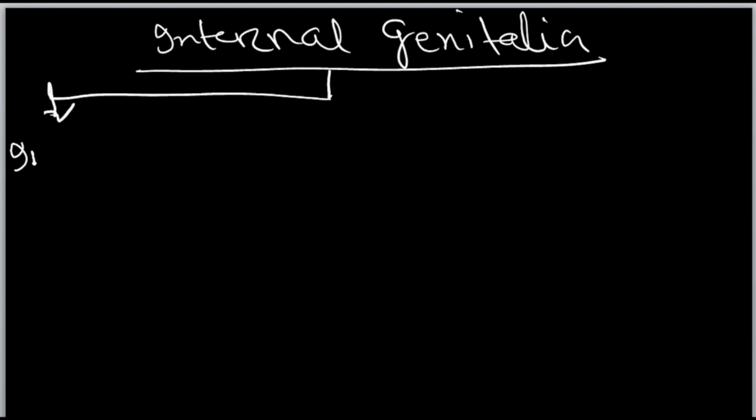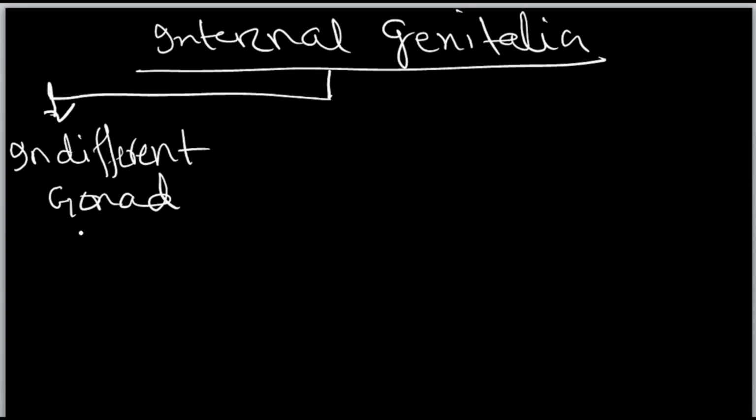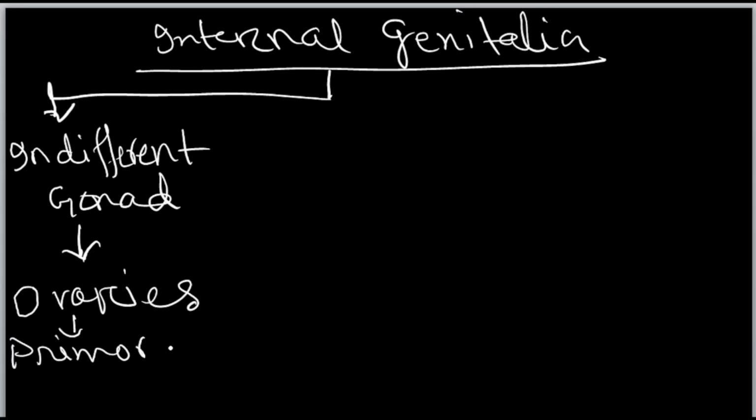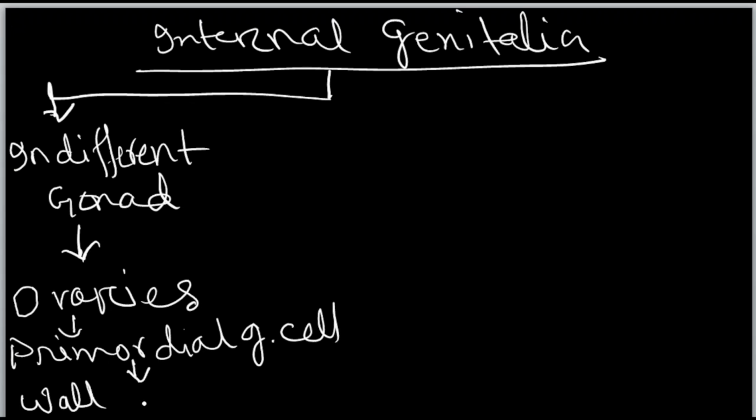First is the indifferent gonad that gives rise to ovaries. Primordial germ cells are derived from the wall of the yolk sac. This is the development of ovaries.